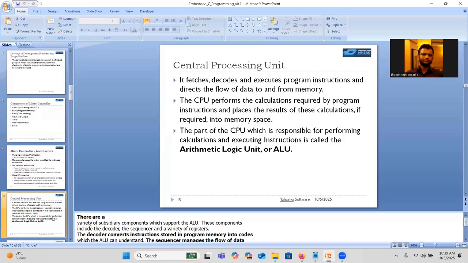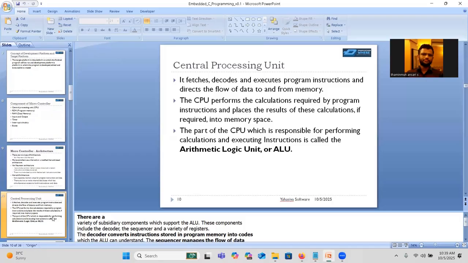This is responsible for performing calculations and executing instructions related to mathematical operations.